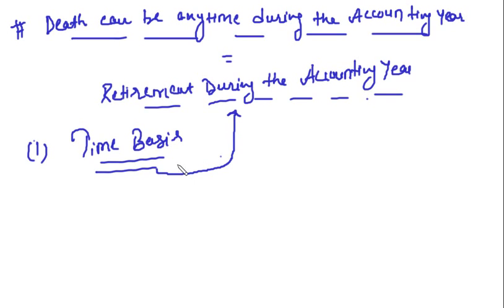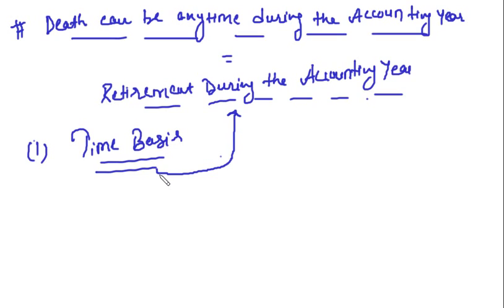That is, we will be given the profits of the last few years, right? We'll calculate the average profits, and we will assume that those average profits we will earn this year also. And on the basis of that, we will calculate for the period till the death of the partner, right? Then the deceased partner's share we can calculate.